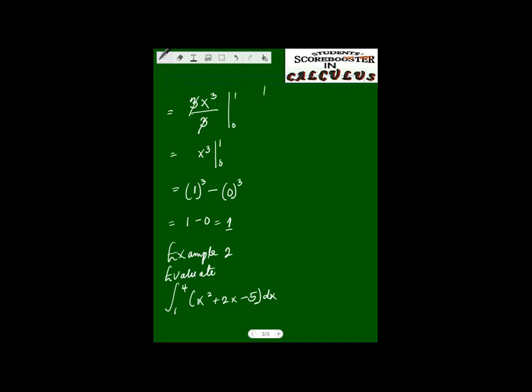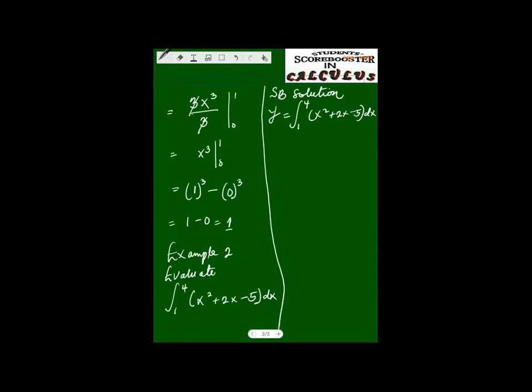So let me just try to minimize space here. Score booster solution goes thus. We are just going to write it in this form: y is equal to integral from 1 to 4 of x squared plus 2x minus 5 dx.